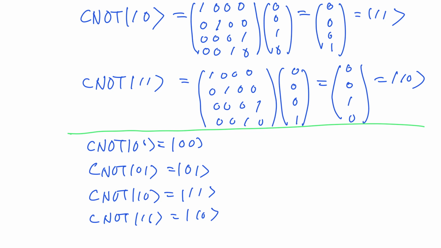So C naught can be written this way: C naught, first bit is x, second bit is y. You know this is exclusive OR, right?